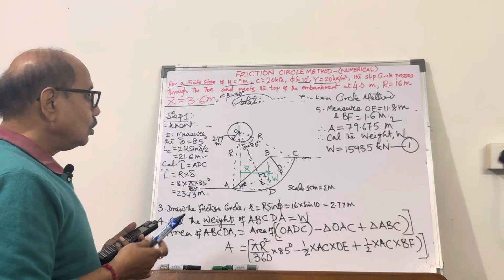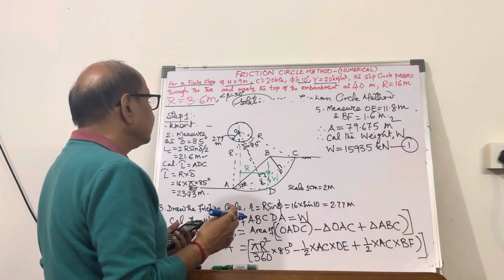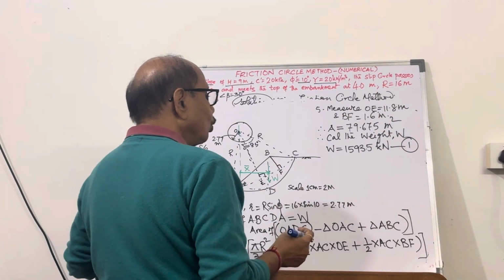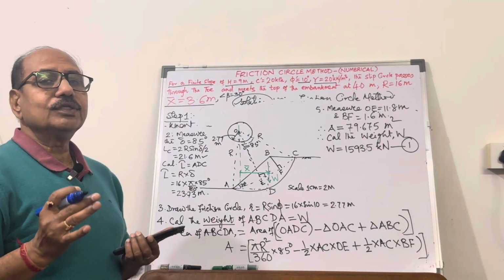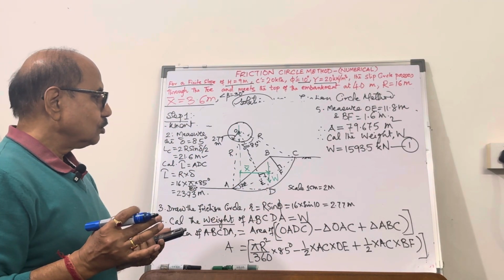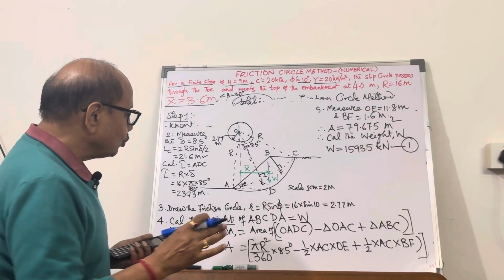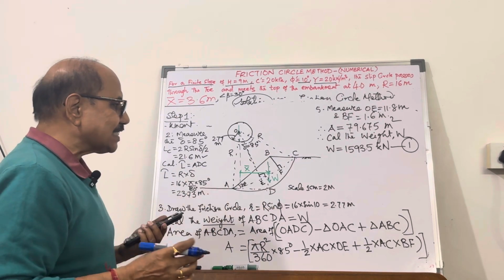Now, next is to calculate the location where the cohesive force is going to act. So you know the direction of the cohesive force. It is going to act parallel to length of the chord, that is AC.